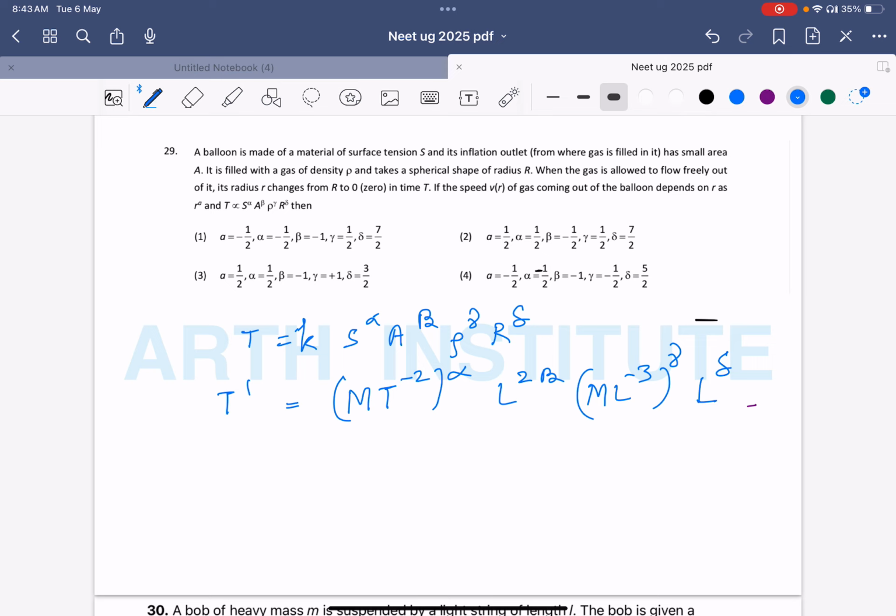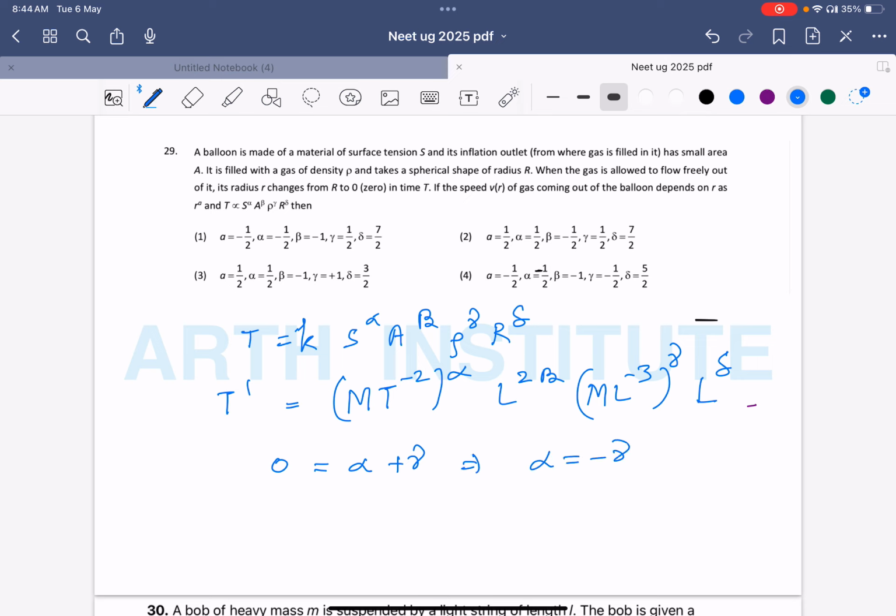So the easiest thing is, let me compare the dimension of M on both sides. On this side it is alpha, and on this side it is plus gamma, and on the left hand side it is 0. This means alpha is equal to minus gamma.